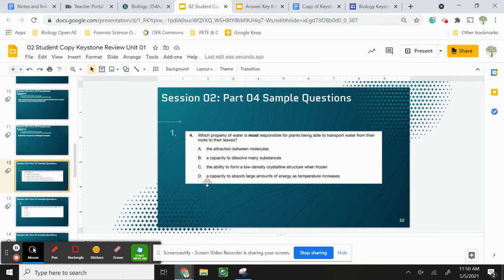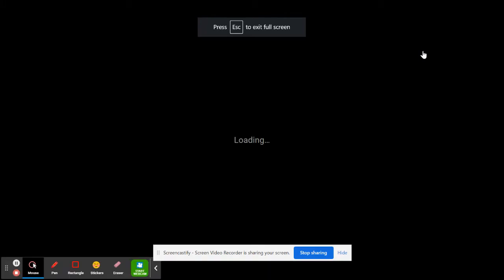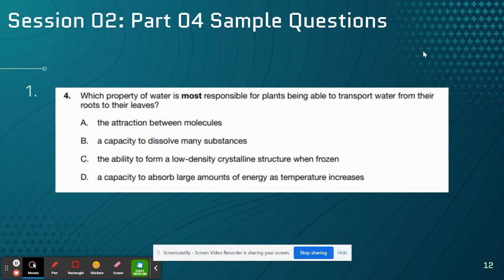Is it the attraction between molecules, a capacity to dissolve many substances, the ability to form low density crystalline structures when frozen, or a capacity to absorb large amounts of energy as temperature increases? Take a minute to answer this question in the Ed puzzle.